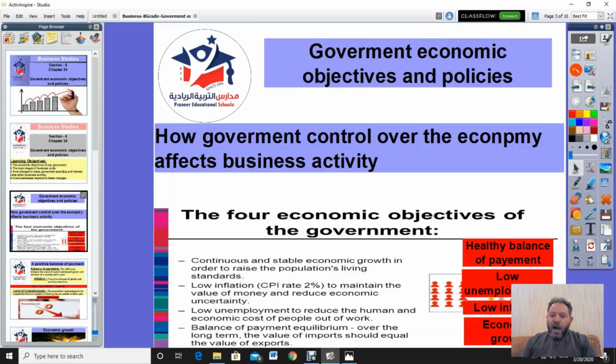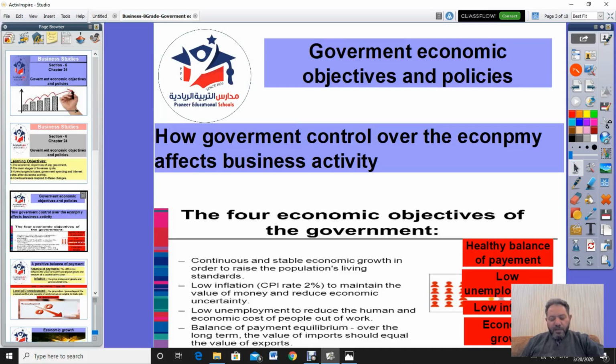Okay. How government control over the economy affects business activities. There are 4 economic objectives of the government. But before we define the 4, let's have a look at the balance of payments. What does it mean, the balance of payments?